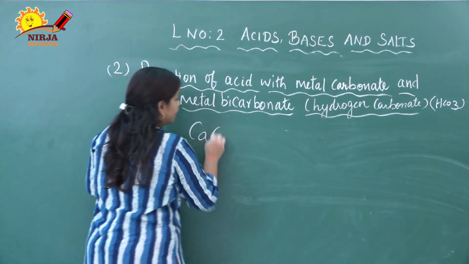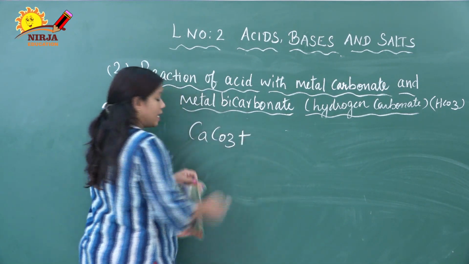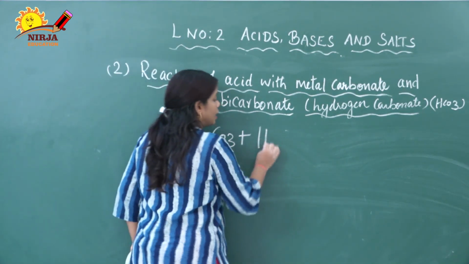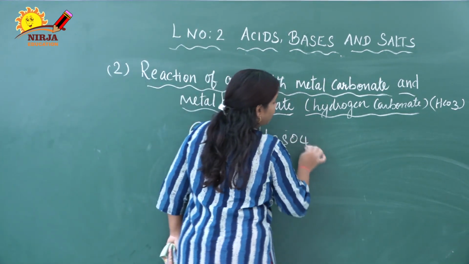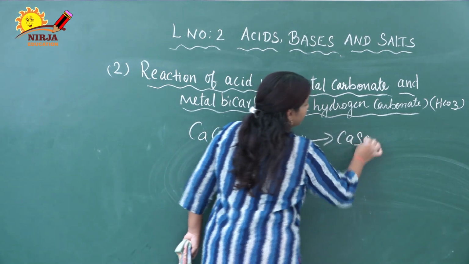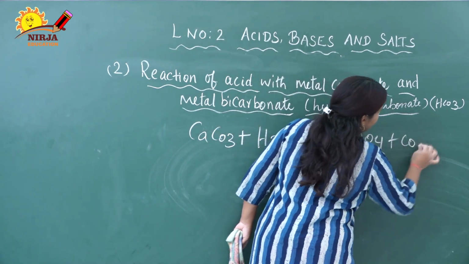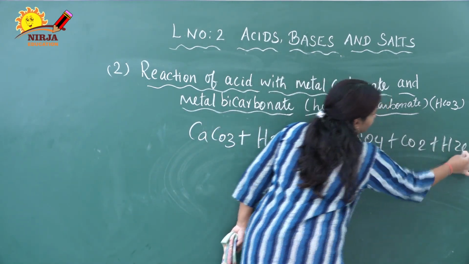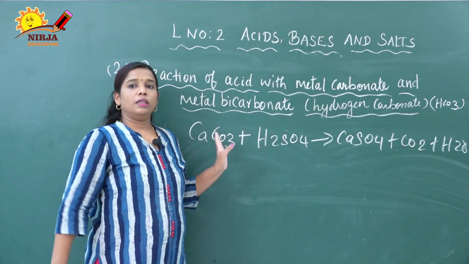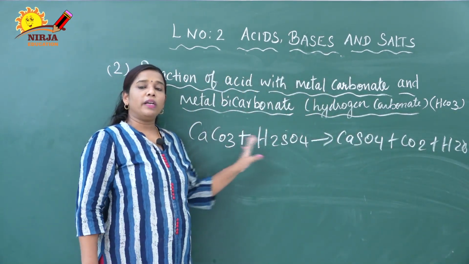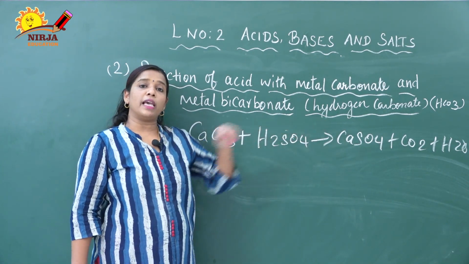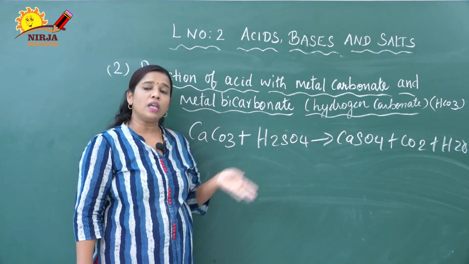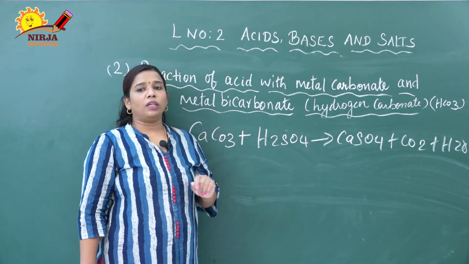Here calcium carbonate, CaCO3, reacts with sulfuric acid, H2SO4. It produces CaSO4, calcium sulfate, which is a salt, plus carbon dioxide and water.